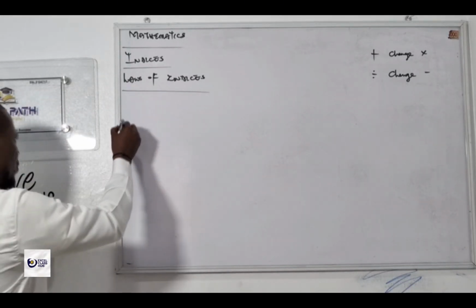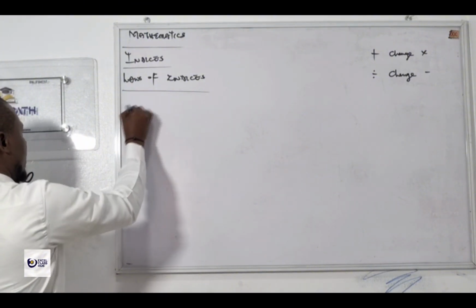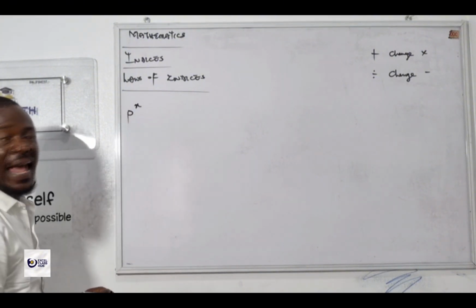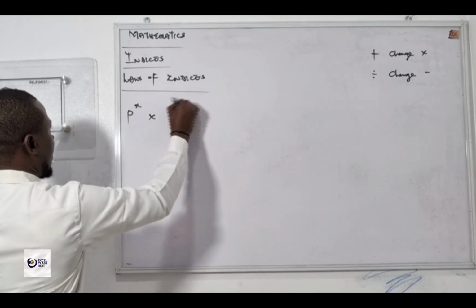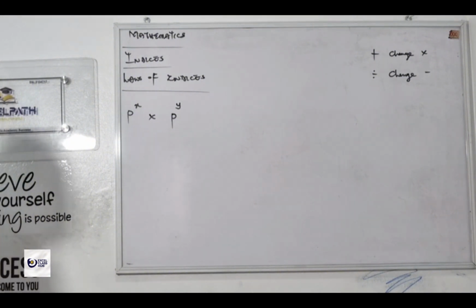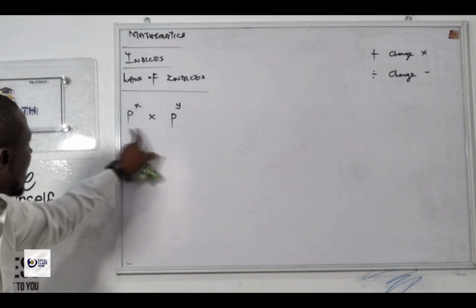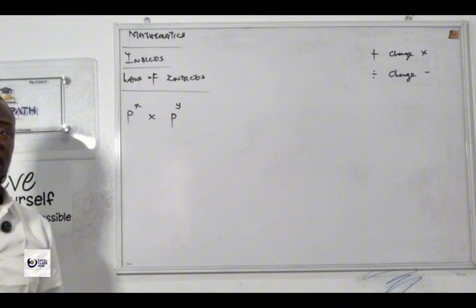Law 1. If I have p raised to the power of x times p raised to the power of y, you can see that this p and p are the base, while x and y are the power.